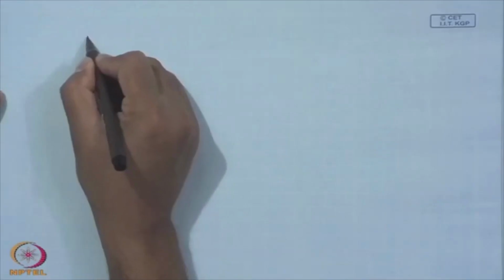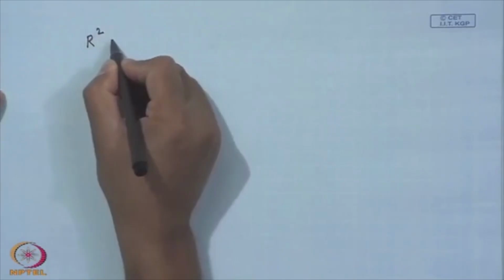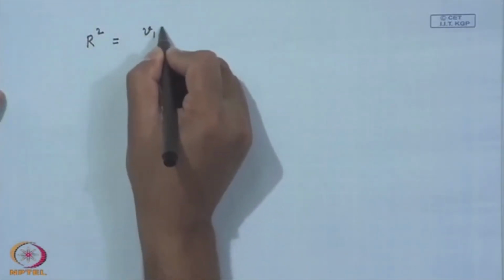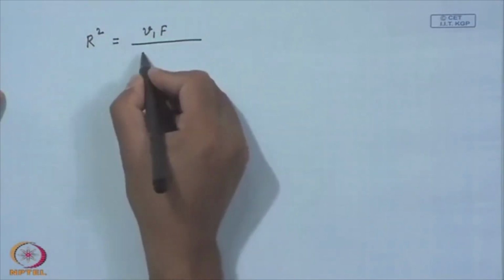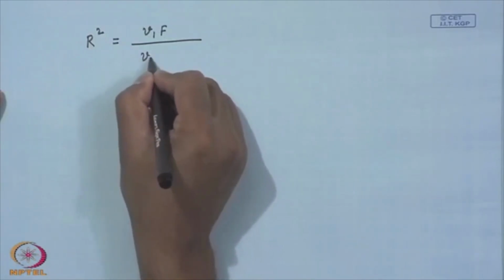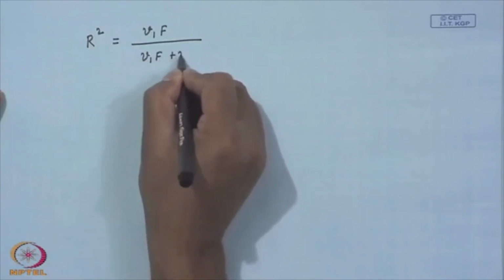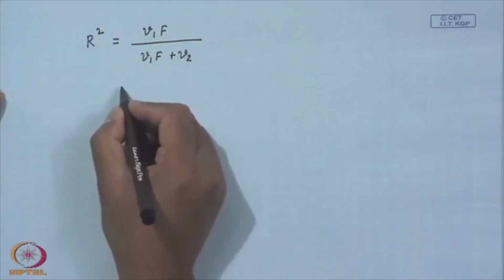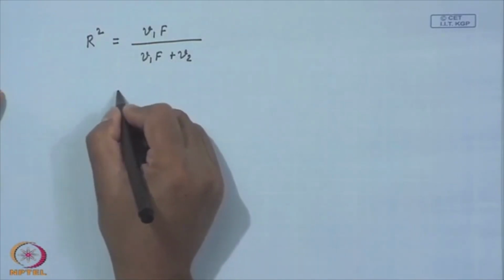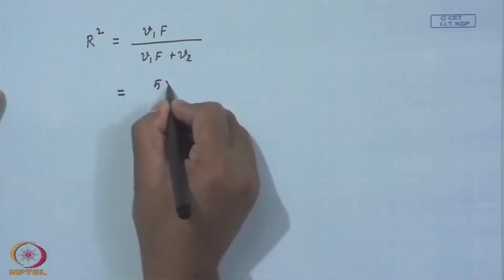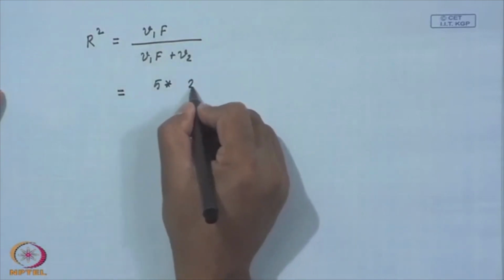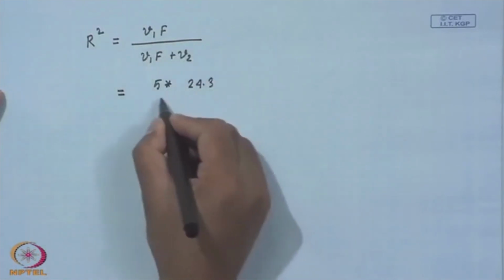So, you know the formula that R square is equal to V 1 f by V 1 f plus V 2. Here your V 1 is 5 and f is 24.3.